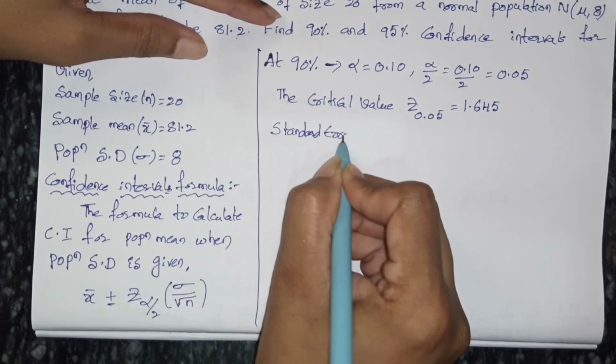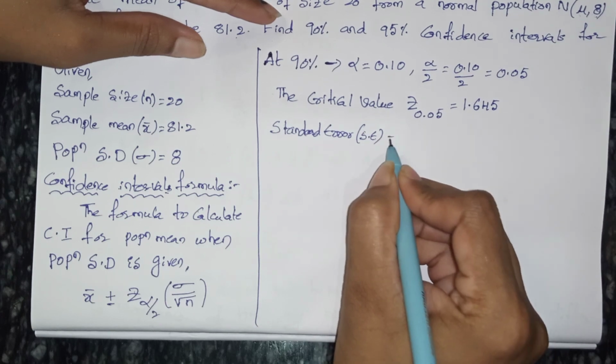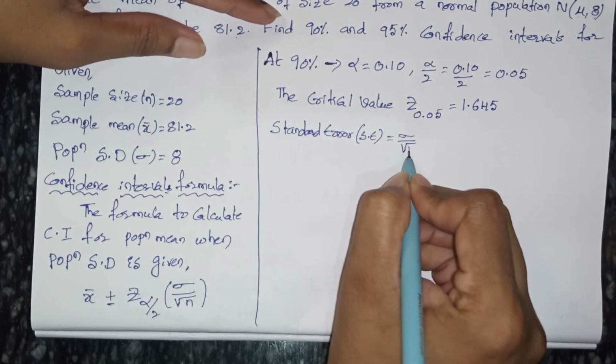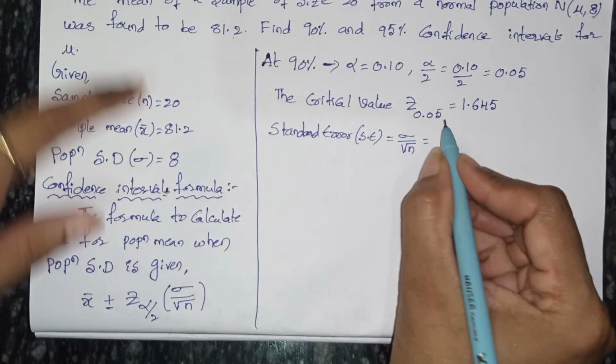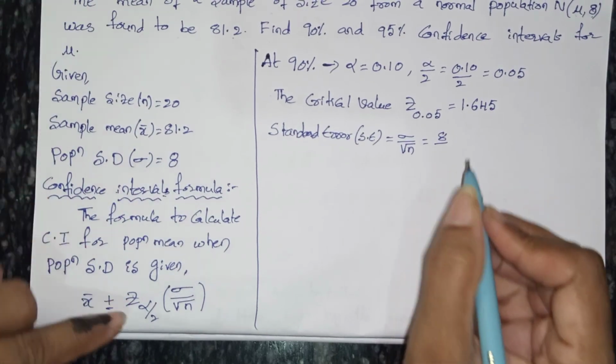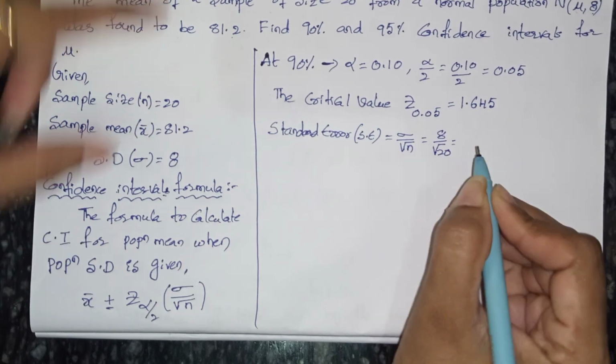Standard error equals sigma by root n. What is the sigma value here? 8. So 8 by root n, what is root n? Root 20. So we'll see how much the answer is.